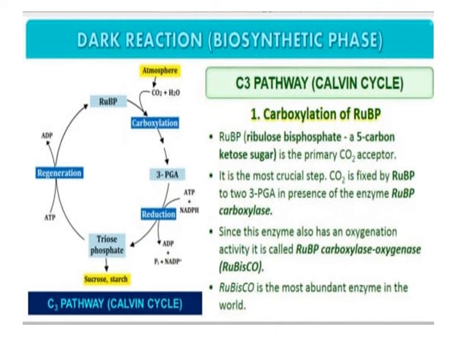This reaction is catalyzed by the enzyme RUBP carboxylase, which results in the formation of two molecules of 3-PGA. Since this enzyme also has an oxygenation activity, it would be more correct to call it RUBP carboxylase-oxygenase, or Rubisco. Rubisco is the most abundant enzyme in the world. It is one type of protein only.